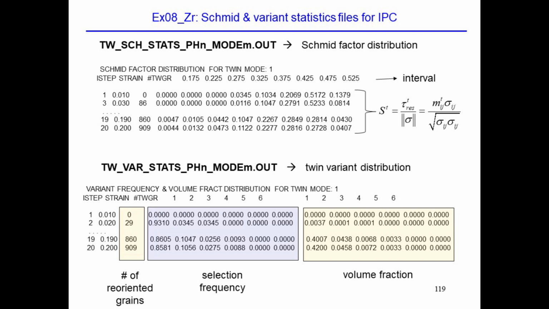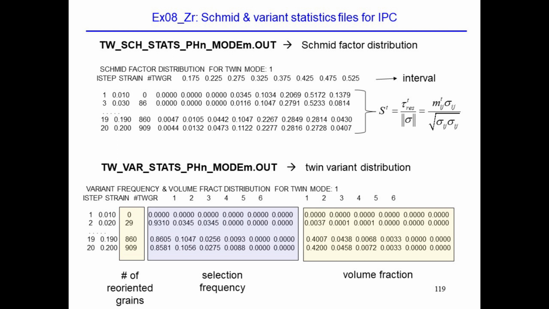And the twin variant statistics, once again, this is for twin mode 1, which is the tensile twin. So what you see here is different values of the Schmidt factor, 0.17, 0.22.